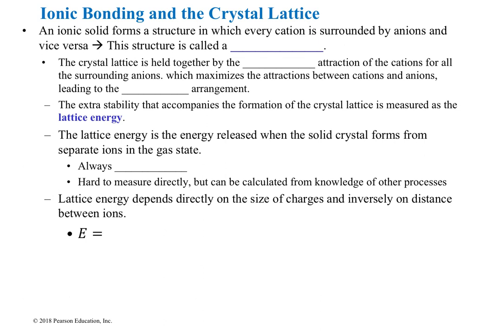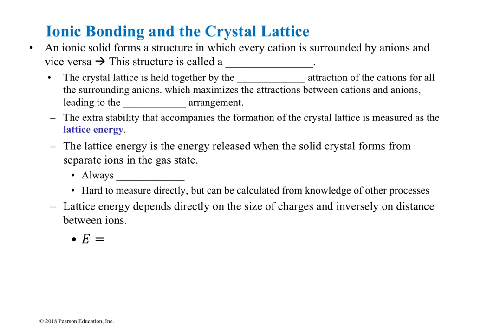On this next part, we're going to talk about lattice energy within ionic compounds. When we have an infinite alternating structure, with cations surrounded by anions going off in every direction, this is called a crystal lattice.